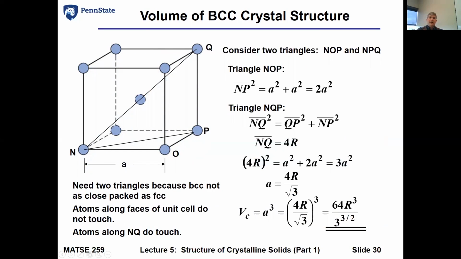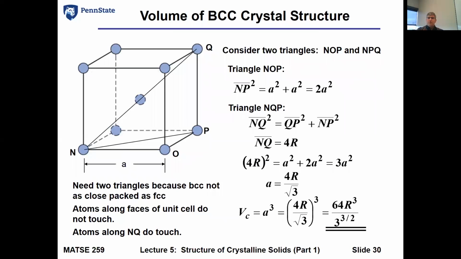If we think about what we had with an FCC unit cell, each of those faces gave us a pretty quick way to determine the value of a, that lattice parameter. Because the BCC is not close packed, we don't really know how far these atoms are apart. So we need to find where the atoms are touching.